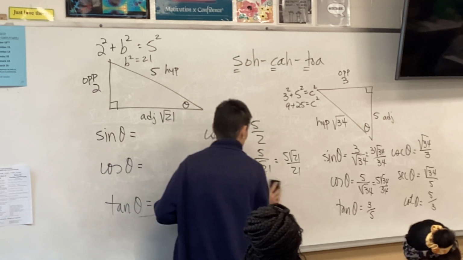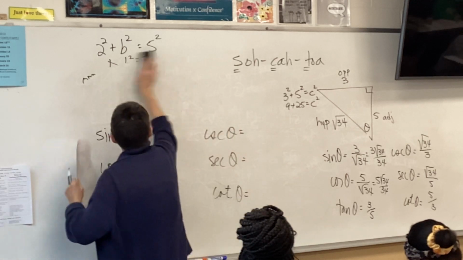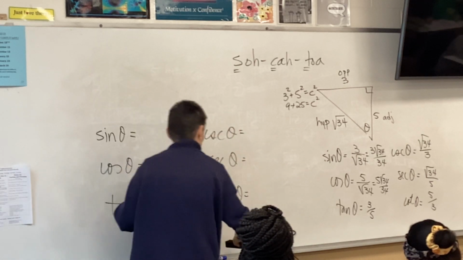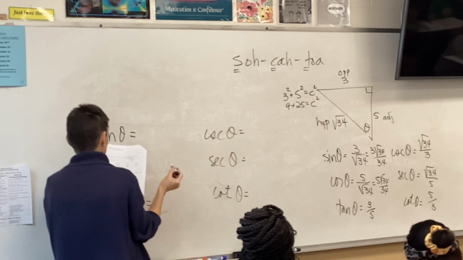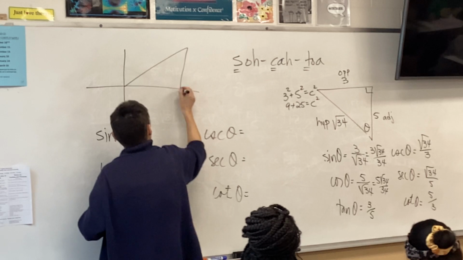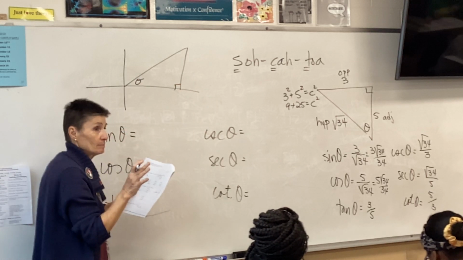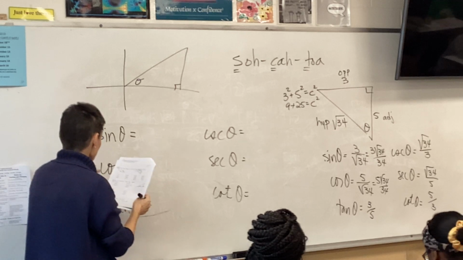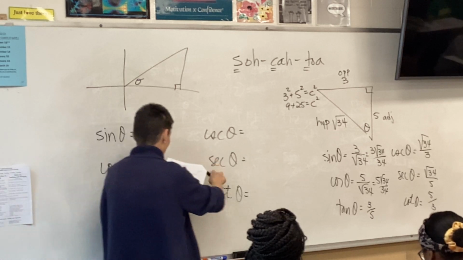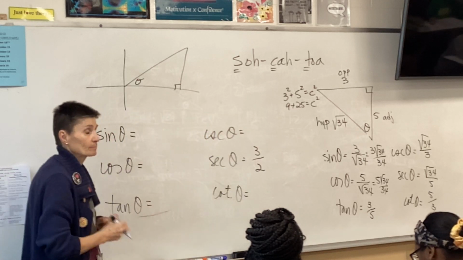All right, what do you think? Everybody good? All right, let's look at the next one. Now, the next one is different because while the picture is drawn, nothing's labeled in it. And the only piece of information we have is that the secant is 3/2.